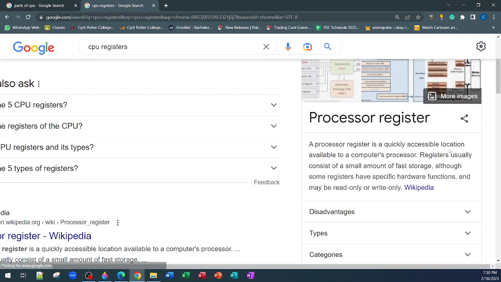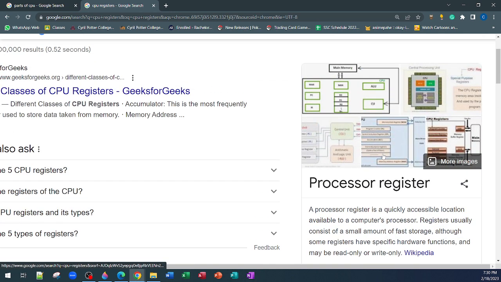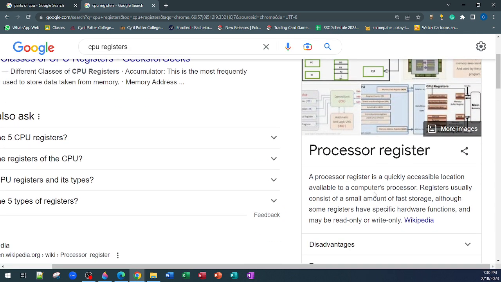A register is a quickly accessible location available to the processor. It usually consists of small amounts of fast storage. So it's just another area of the CPU that has a small amount of storage, whereby you can store memory locations.